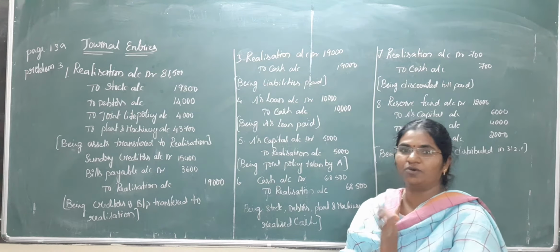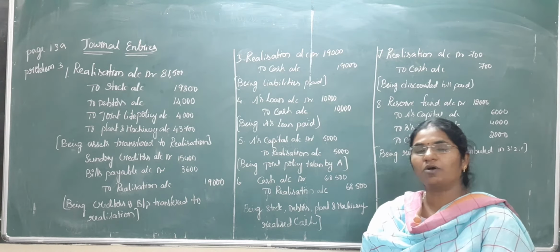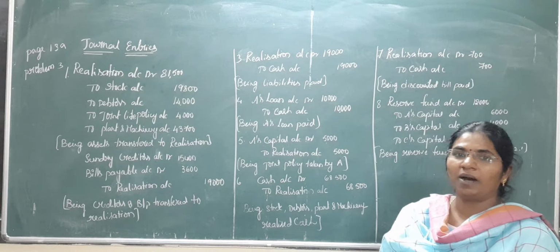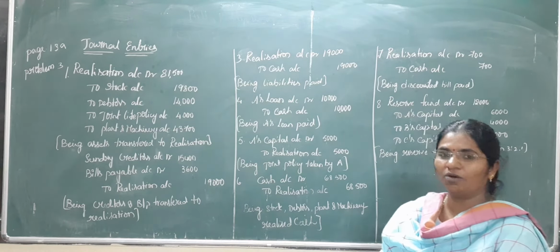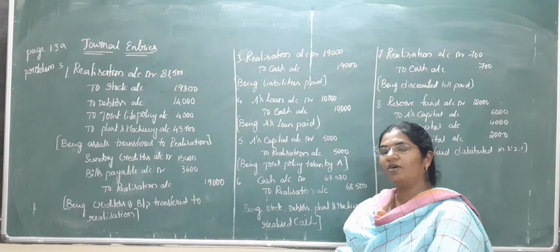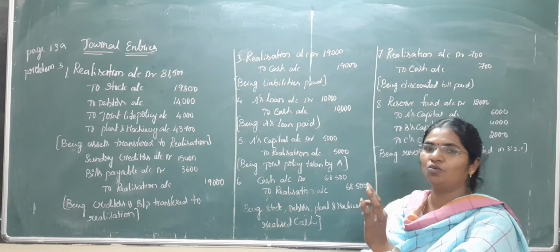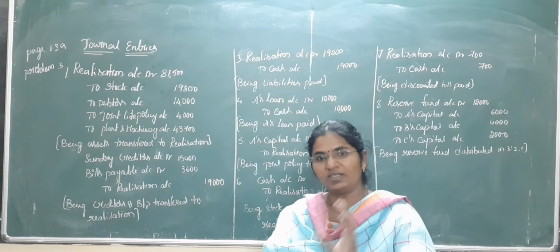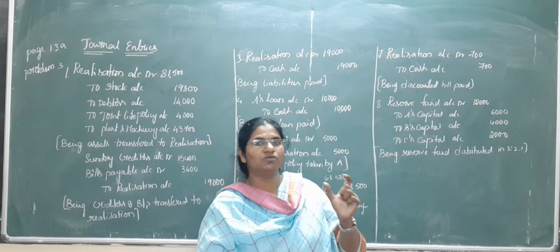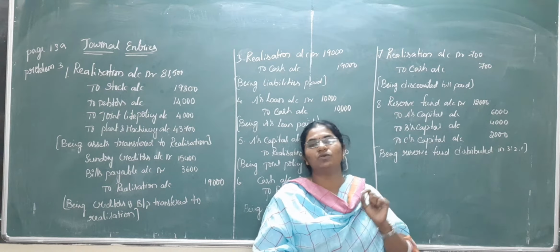So whatever reserve fund is given in the problem should be distributed among partners in their profit sharing ratio. In this problem, partner A, partner B and partner C share profits and losses in the ratio of 3:2:1. So whatever profits or losses are there, the partners have to share in 3:2:1.